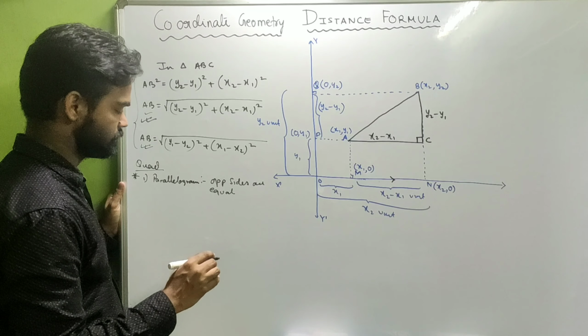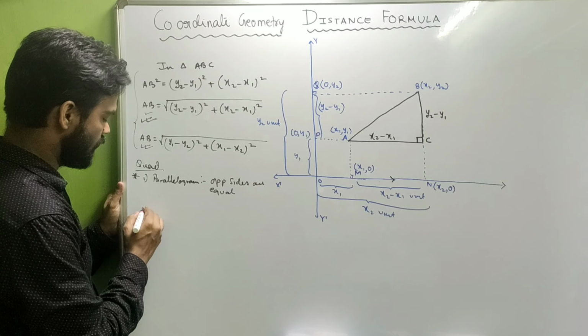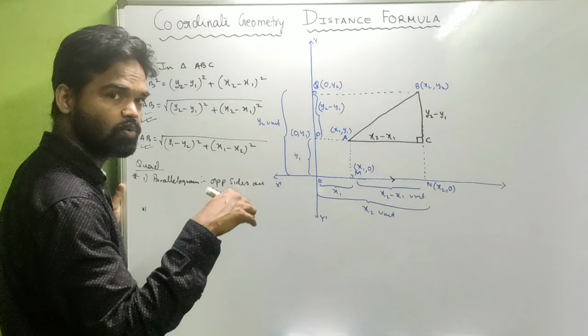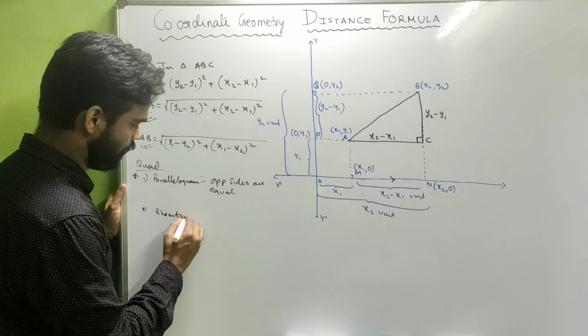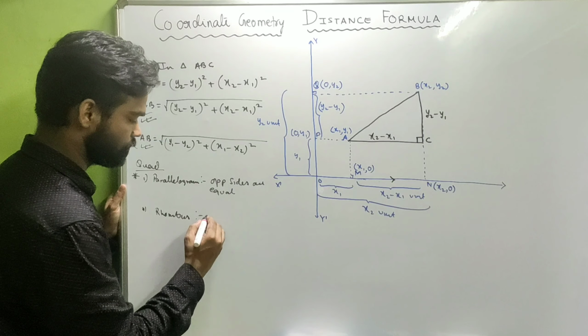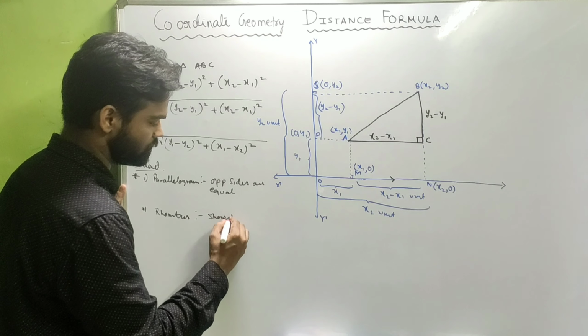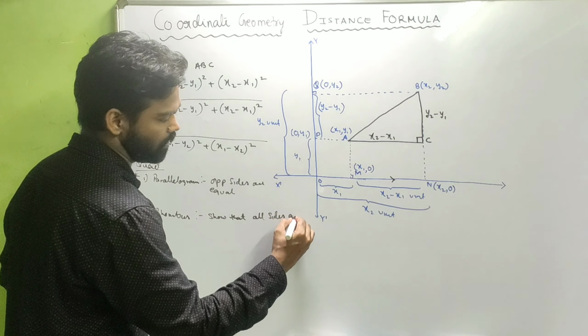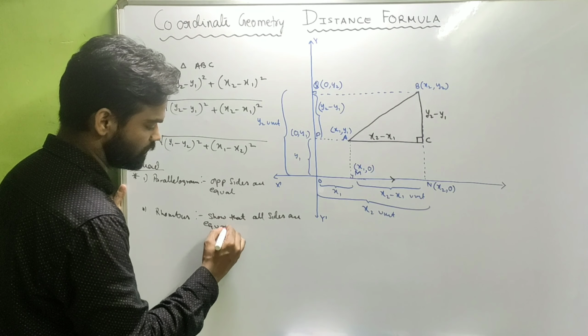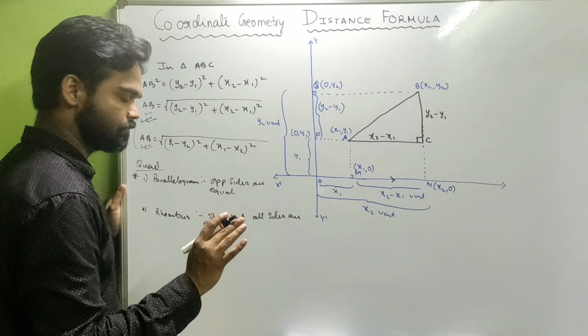Our work is done. And how can you prove that a given quadrilateral is a rhombus by the distance formula? Show that all sides are equal in magnitude. Done. Then it's a rhombus.